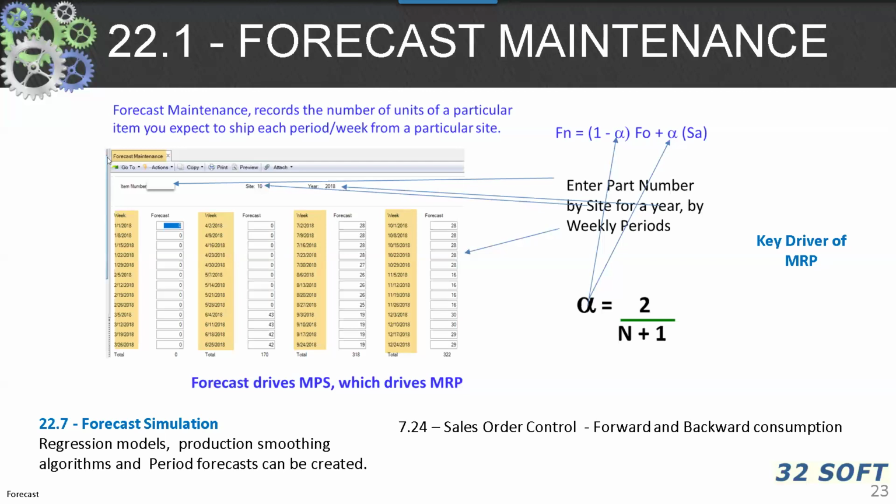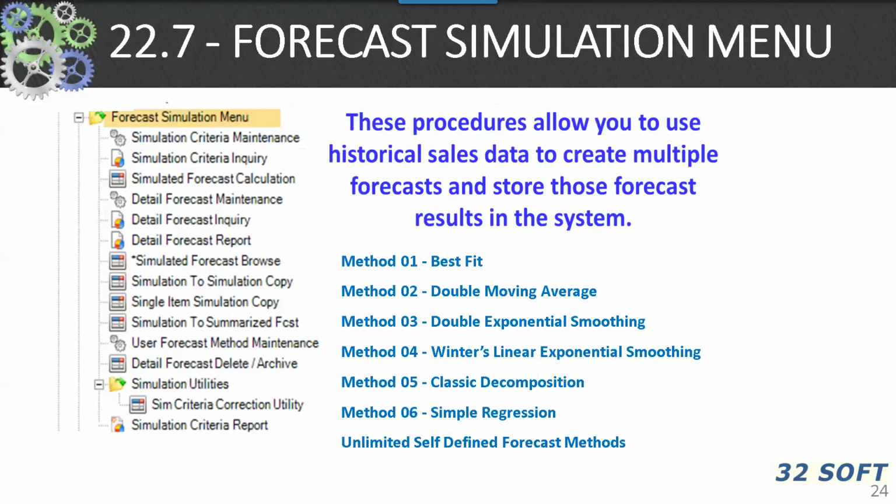Forecasts can be calculated in 22.7 forecast simulation module in QAD. Here, forecast simulation allows you to use the historical data stored in QAD to create multiple forecasts and store those forecast results in the system. No more spreadsheets.